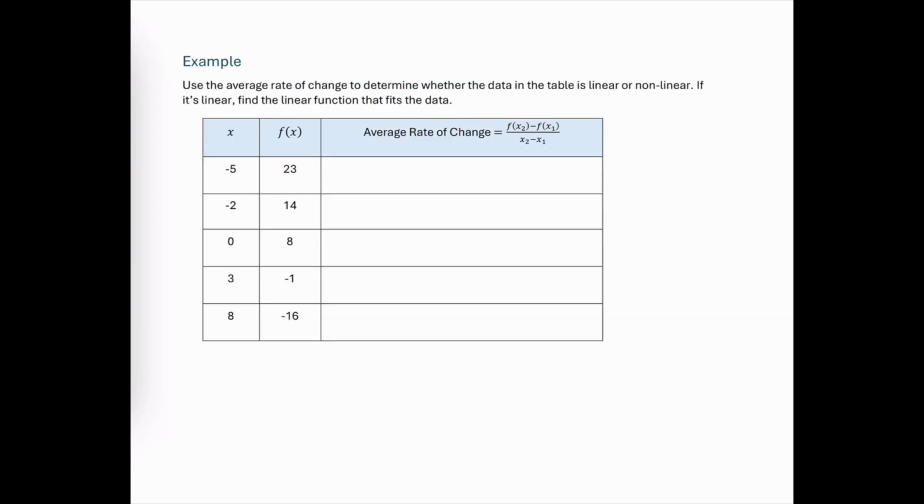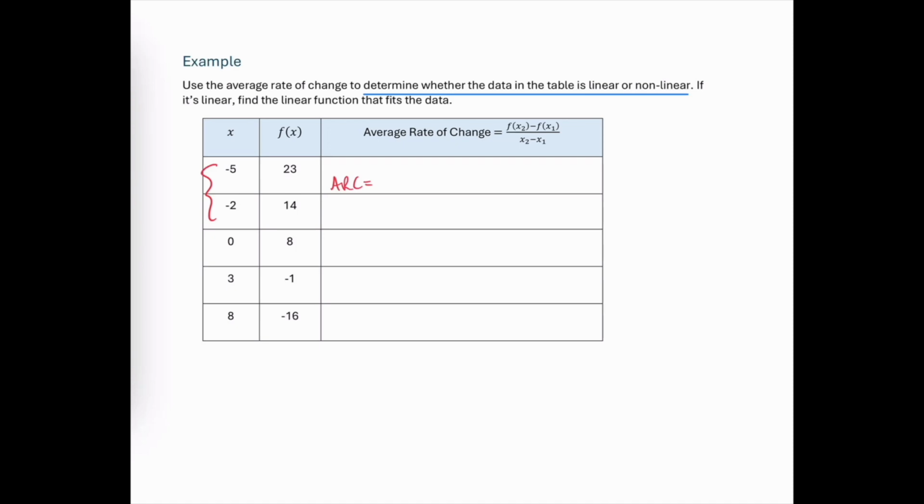In order to determine if the data in the table is linear, we'll need to calculate the average rate of change between each pair of data points. And if we get the same number all the way down for every pair of points, then we'll say that this data can be represented with a linear function. So we'll start with these first 2 ordered pairs.